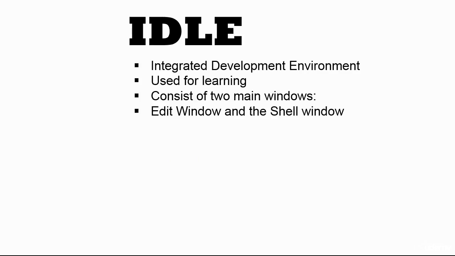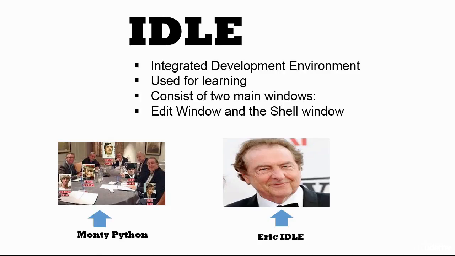There is a member of the group called Eric Idle. Some people say the IDLE was named after him. I'm not sure, but that's what some people say. So that's an image of the Monty Python group, and that's Eric there, Eric Idle. This is a maybe more recent picture of Eric Idle. So some people say the IDLE is named after him.